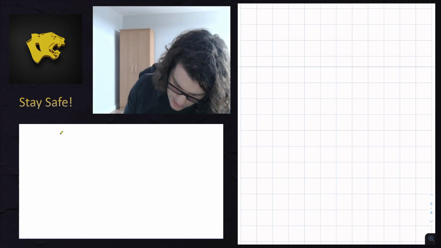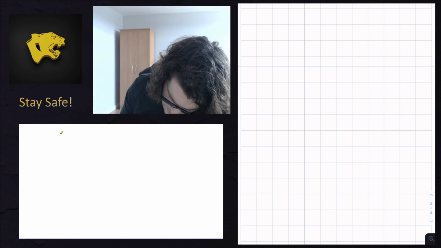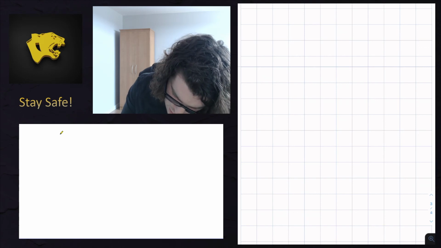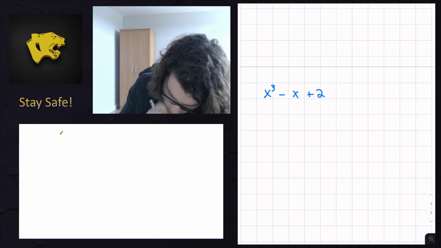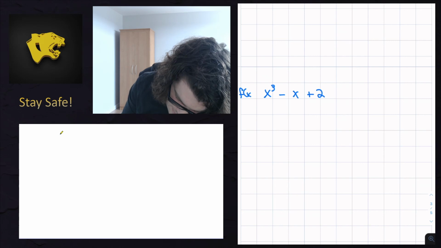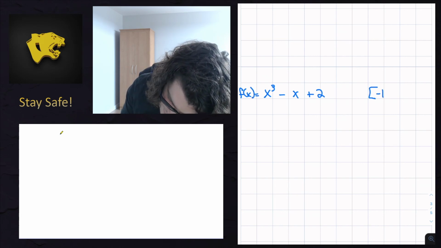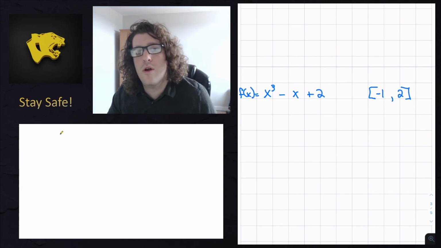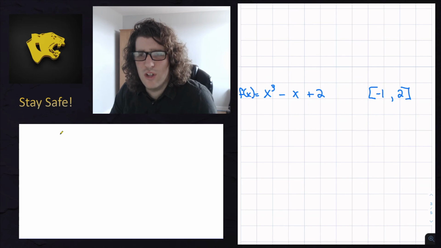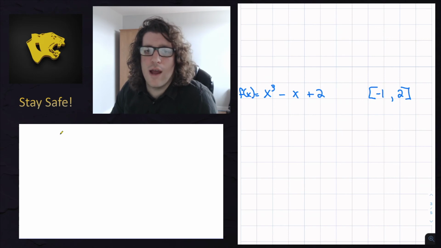So if we have x cubed minus x plus 2 as our function, I would like to know, between a value of -1 and +2, what is the lowest value, what is the highest value.